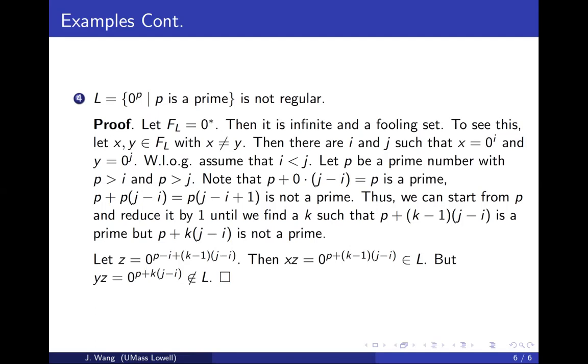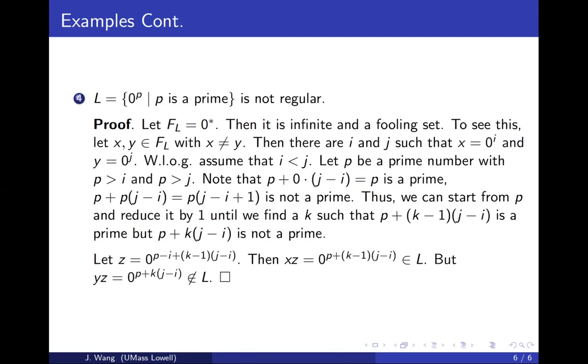To see this, again, we let any x and y in F sub L with x not equal to y. Then we know there are i and j such that x is equal to 0 to the i and y is equal to 0 to the j. Without loss of generality, assume that i is less than j. Now we let p be a prime number with p greater than i and p greater than j.